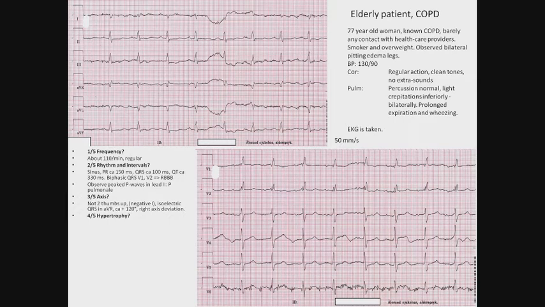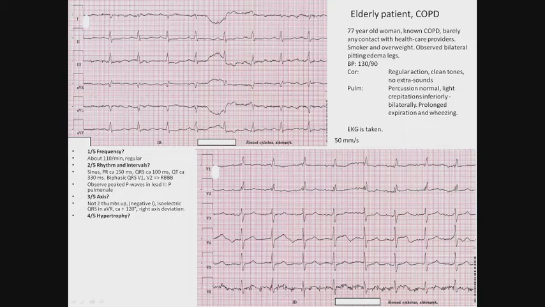And now the fourth point is to address if there are signs of hypertrophy. Alright, and then we look at the precordial leads, V1 to V6, and we see that the QRS complex is starting positive with a dominant R wave, and then it becomes not particularly dominant as we move towards the left.